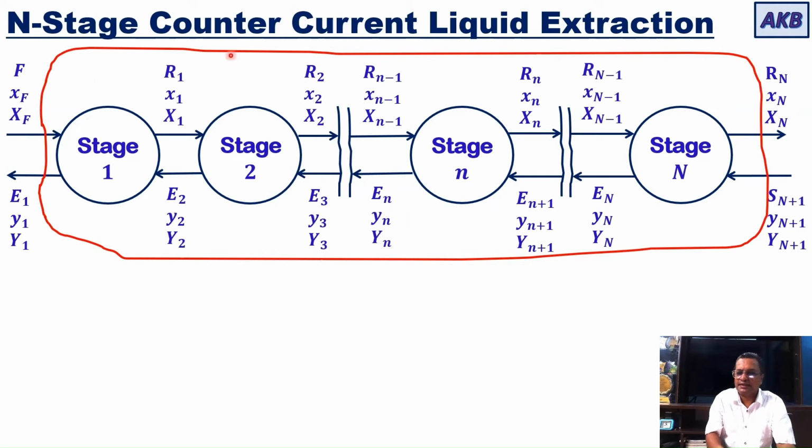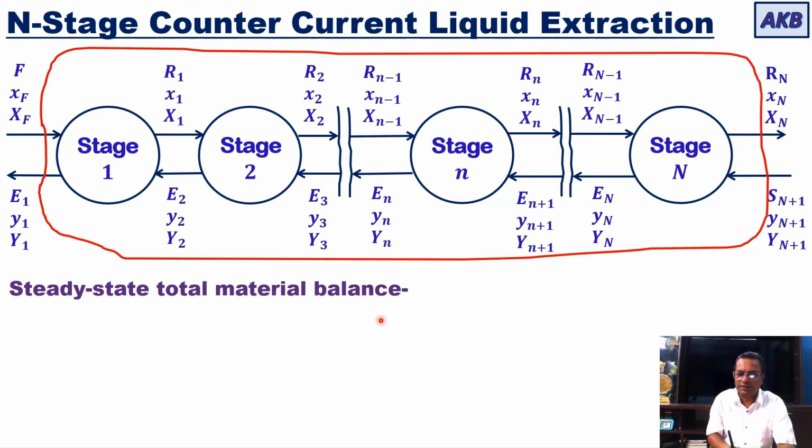Now let us consider an envelope, the red colored envelope. This envelope is covering the entire cascade. And now we are going to take a material balance for this envelope. First, we will write the steady state total material balance.